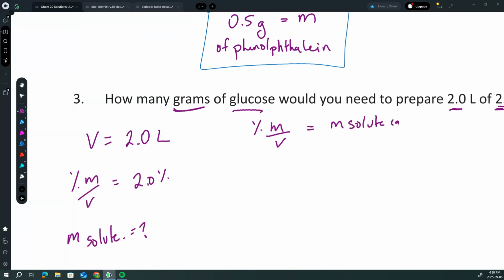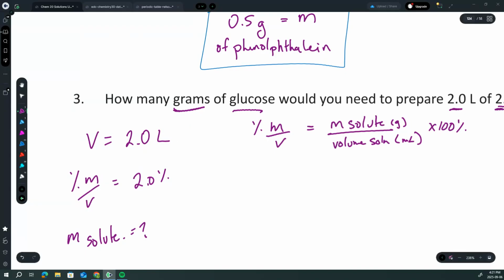As a reminder, percent mass by volume is going to be your mass of your solute in grams divided by your volume of your solution, which is going to be in milliliters, times 100%. Looking at this equation, we're going to have to convert liters into milliliters.